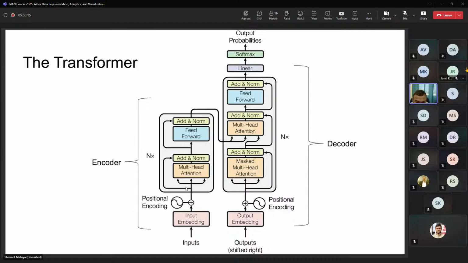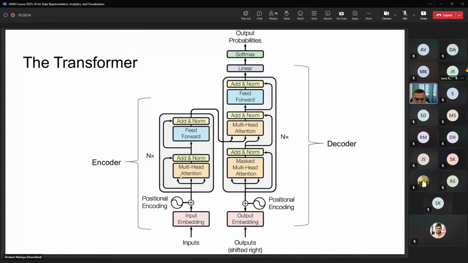After that, there are two main steps in each encoding layer. One is to apply the multi-head attention to extract the dependencies among the words, and after getting the word representation, we also apply a feed-forward layer. Why is the feed-forward layer important here?